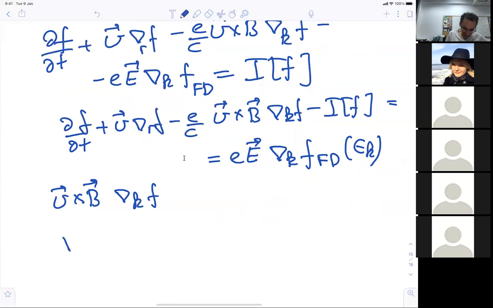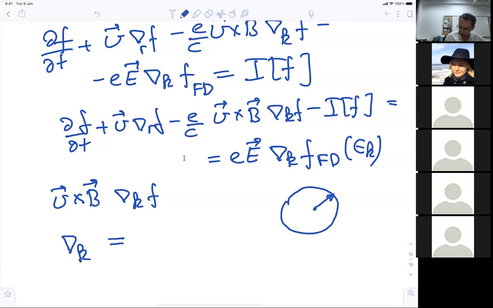So I need to write the gradient of K in polar coordinates, and there will be a part which is in the direction of K, and there will be a part, so it's a two-dimensional gradient operator.